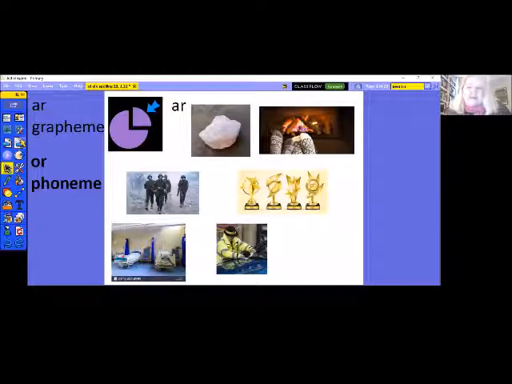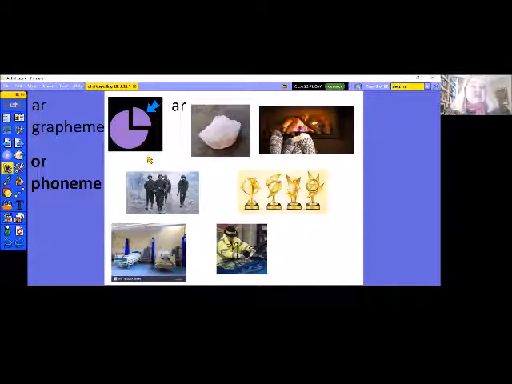Normally the AR grapheme makes the R sound, like in car and bar. But on this occasion, the grapheme AR has the OR sound. This is really tricky. I want you to pause the video and have a look at the pictures and see if you can work out what they are. And I've given you a clue with that first one, quarter.